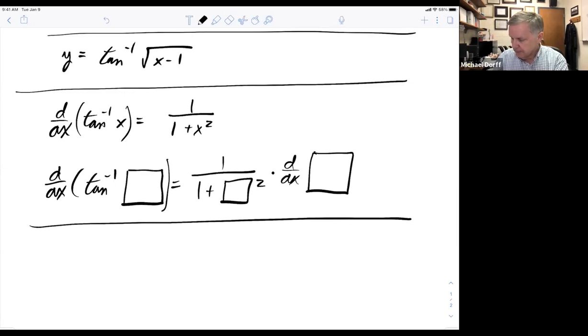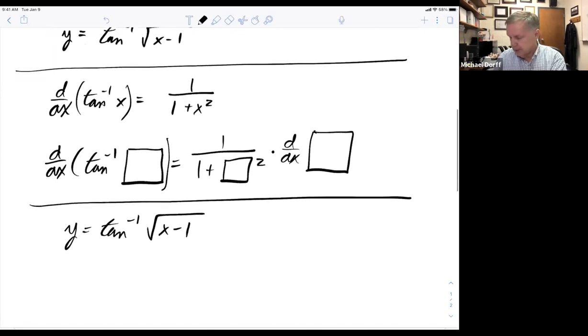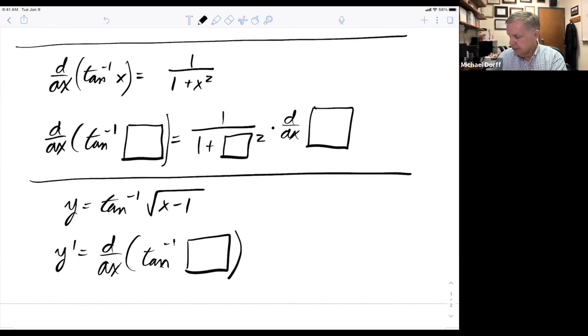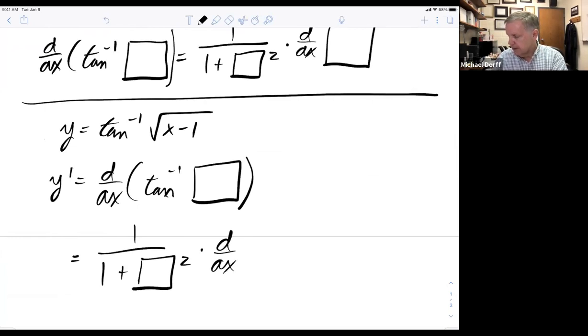So in this problem, where y equals the inverse tangent of the square root of x minus 1, if I take the derivative, y prime is going to equal the derivative of that inverse tangent of a box. That equals 1 over 1 plus that box squared times the derivative of that box.